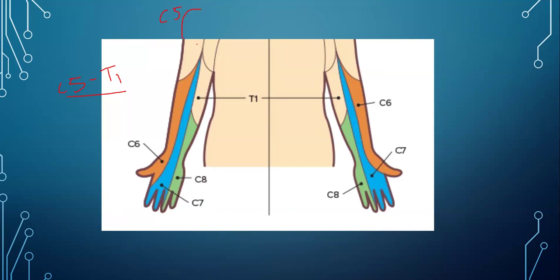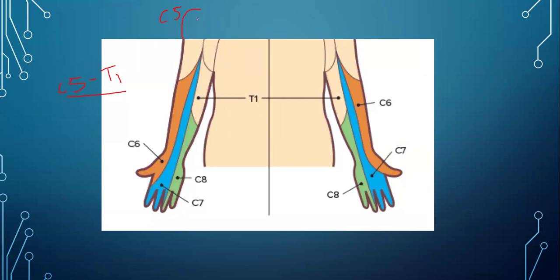So over here, C6 supplies this whole part, including the index finger, including the thumb, okay? The middle finger, this part is supplied by C7. Little finger and half of ring finger is C8, and T1 is the upper inner arm.